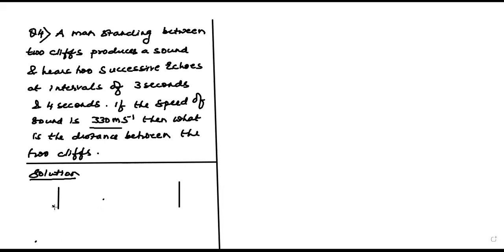And the man, please have a look here. Let me say the man is standing between the two cliffs. Now, since he hears one echo in 3 seconds, another echo in 4 seconds. That means this man is standing between two cliffs. So this cliff is nearby, children, and this cliff is far off.